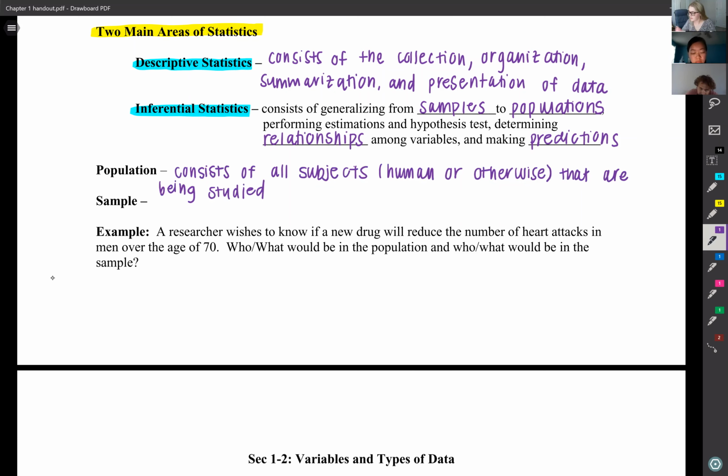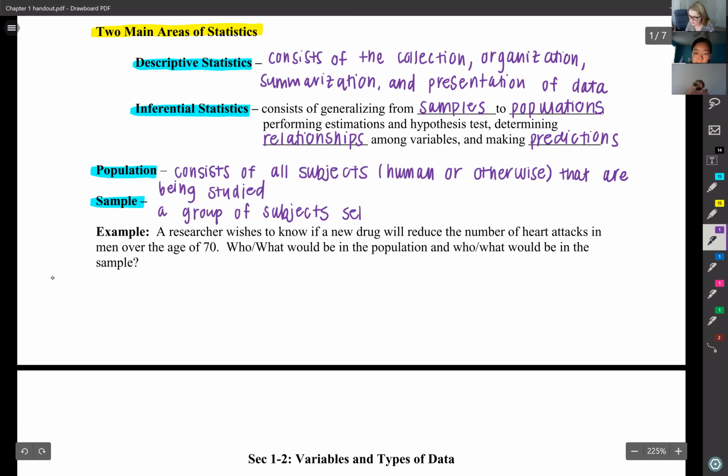Okay, and then the next definition would be sample. The book defines a sample as a group of subjects selected from a population.